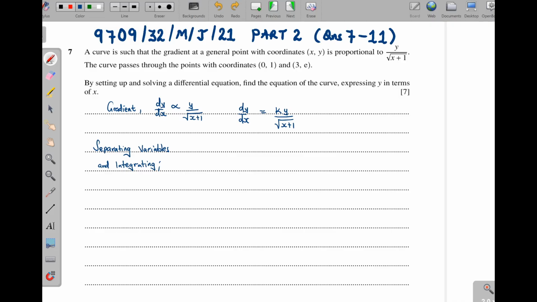So I can have 1 over y, then dy, which will be equal to k, then out of the square root of x plus 1, then dx. You see that? Of course, another person can also take this k down here, but there is no need. Just leave it here. It is better.